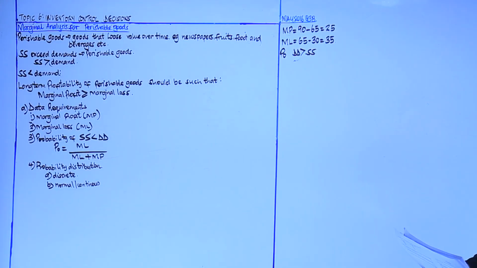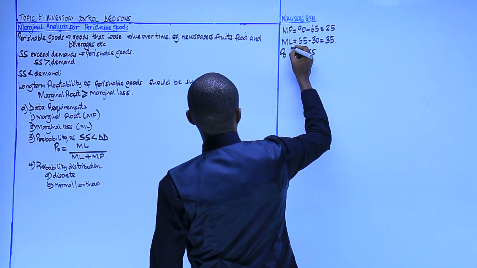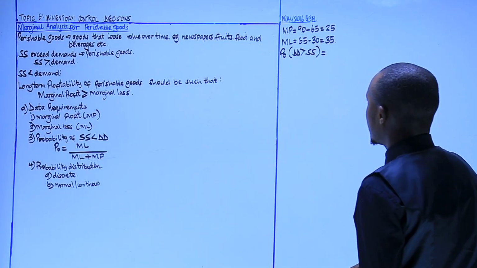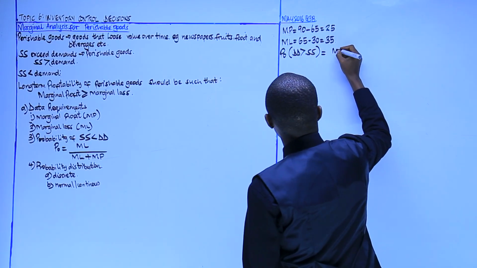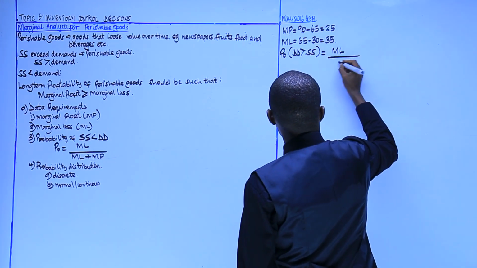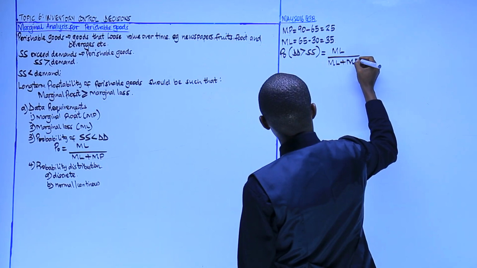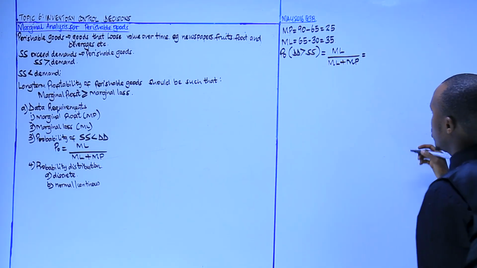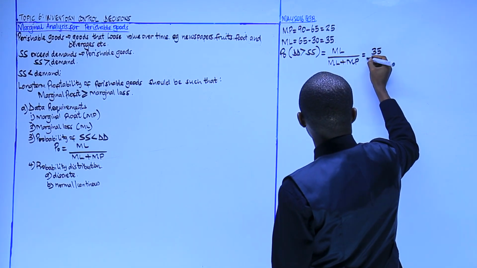Okay, so what will we say? Probability of demand being greater than supply. What will you say? Marginal loss divided by marginal loss plus marginal profit. Your marginal loss is 35.